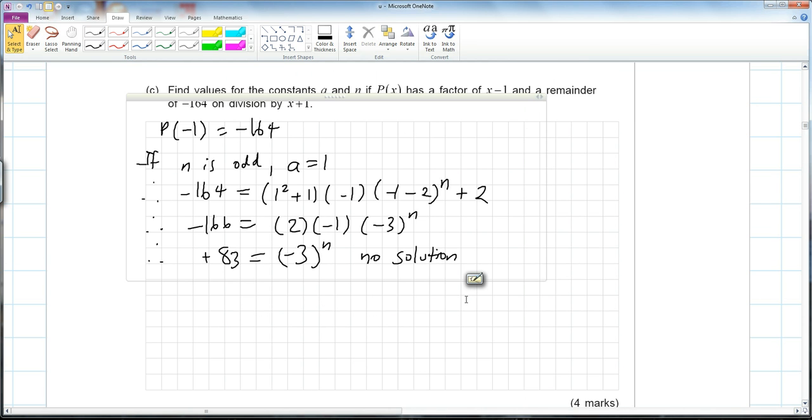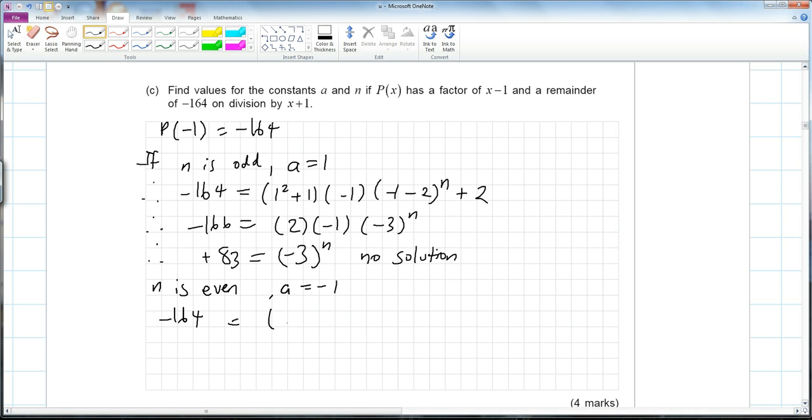So looking at the other case, when n is even, we've got a is equal to minus 1, so therefore we've got minus 164 is equal to minus 1 squared plus 1, plus 2 times minus 1.